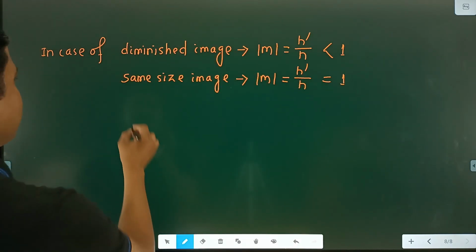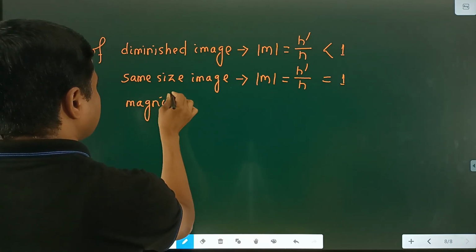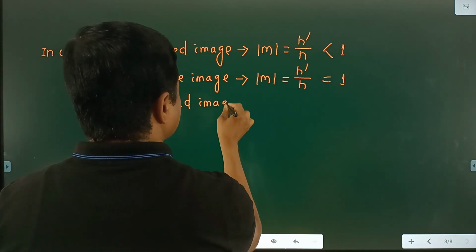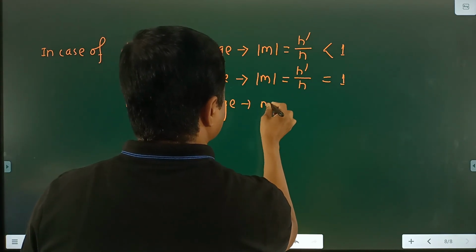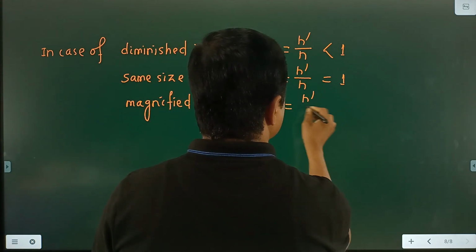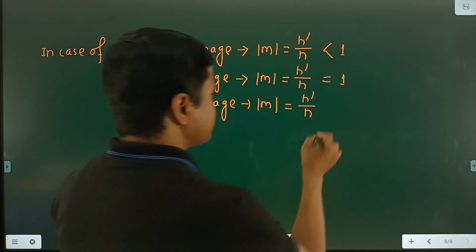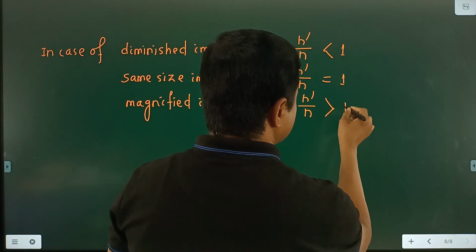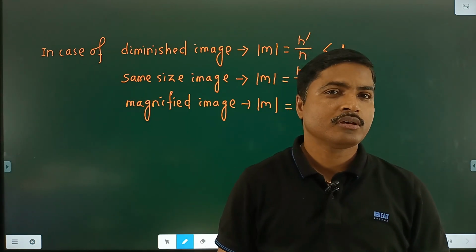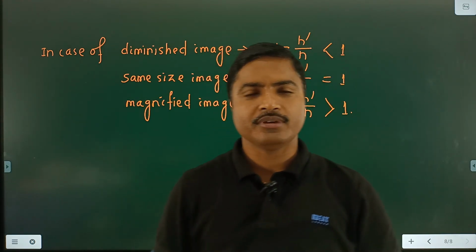Clear? And in case of a magnified image, we write magnitude of magnification is equal to h prime divided by h, and here h prime is greater as compared to h, so that is greater than 1. Clear? And this is all about your linear magnification in case of a spherical mirror.